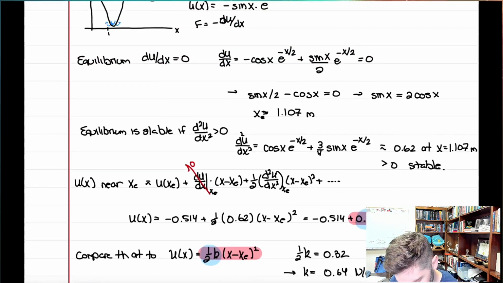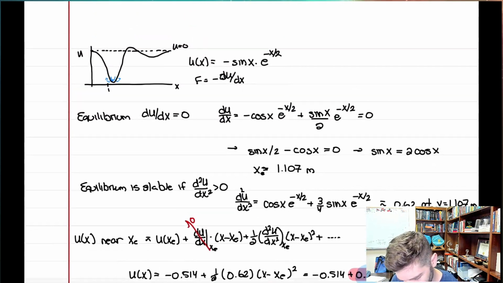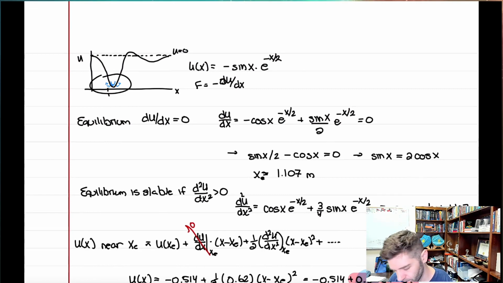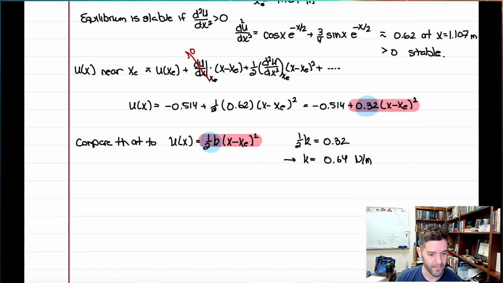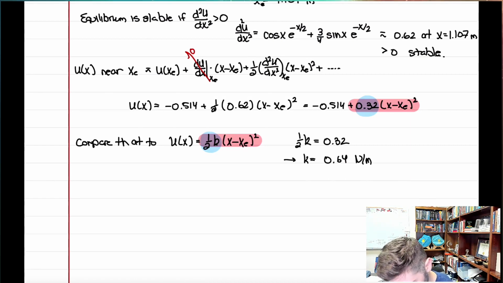So I have approximated what you might call a quasi-spring constant, in that as long as I'm sufficiently zoomed in on this region here, I'm not too far away, I'm not releasing a ball up here, or heaven forbid, on the other side of this hump. But as long as I'm sufficiently close to that trough, the motion will oscillate back and forth, and I can approximate that motion as simple harmonic motion, oscillatory motion that has a quasi-spring constant of about 0.64 newtons per meter in this case.